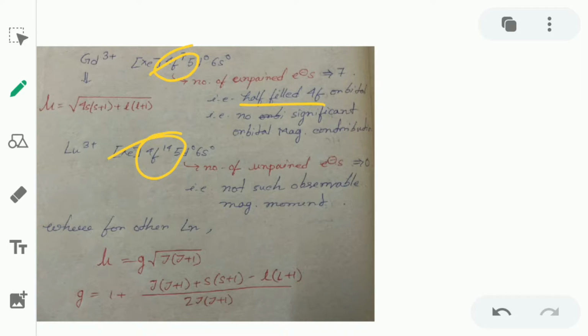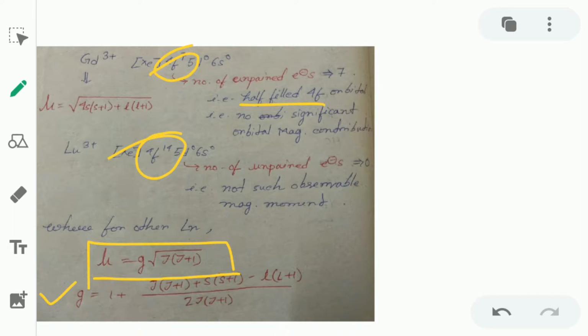And due to that, all lanthanides have both orbital magnetic moment and spin magnetic moment contribution, and according to that contribution, the effective magnetic moment of a lanthanide is mu equal to g root over J into J plus 1, where g can be determined from this expression.